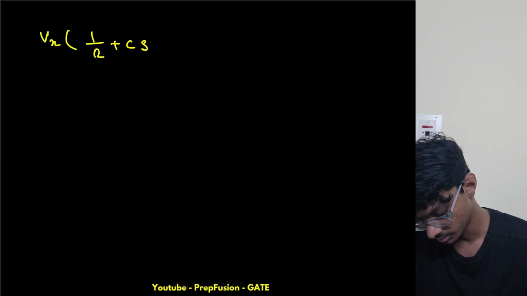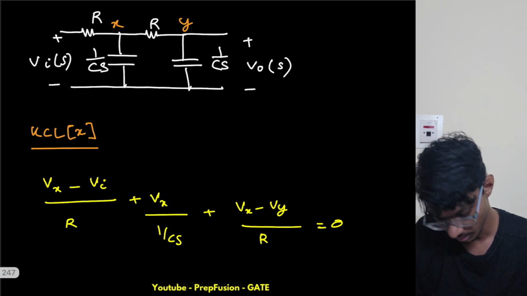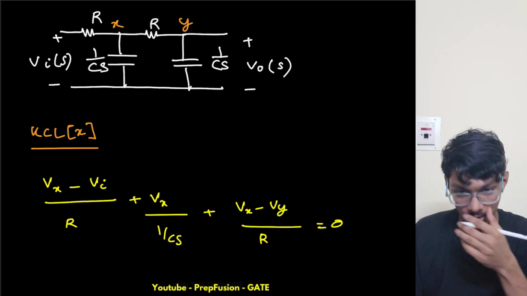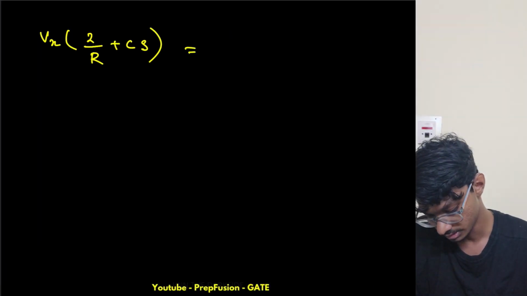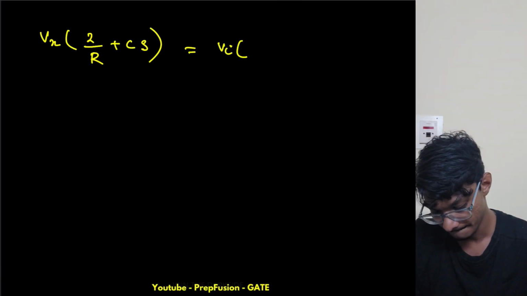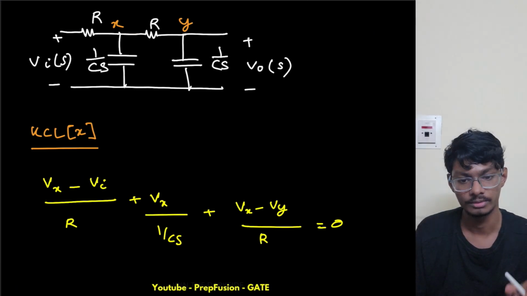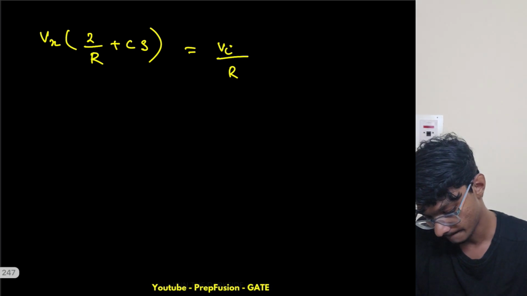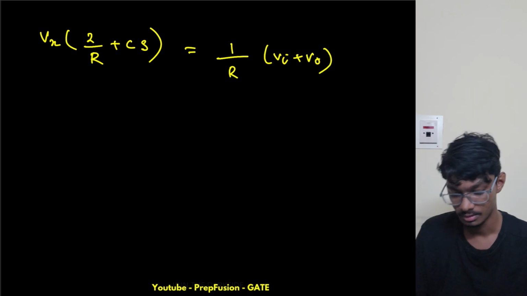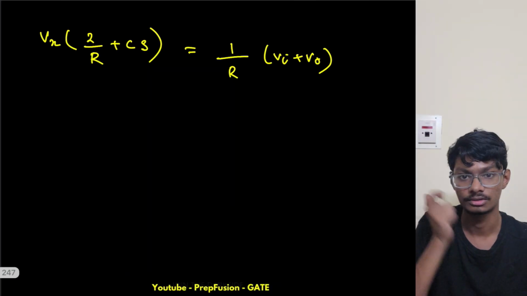Yes, plus 1 by R also is there, so this will become 2 by R only. Then Vi, let me take Vi to that side, or I will write Vx in terms of other things. So this is Vi by R, and we have Vy by R also, so 1 by R we can take common. Vi plus Vo, so I can write Vx in terms of that. Now I will write the KCL equation at node Y.